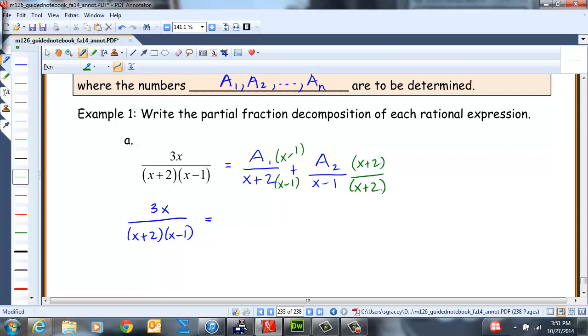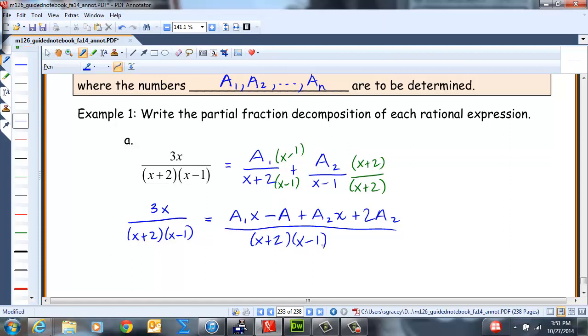I'm just getting a common denominator, just like what we did in the warm-up. So then what we'll have is a1x minus a1, I'm distributing that through, plus a2x plus 2a2 all over x plus 2 times x minus 1.